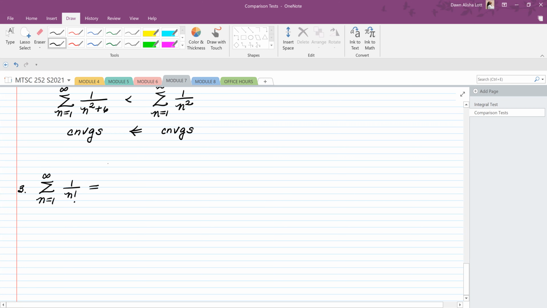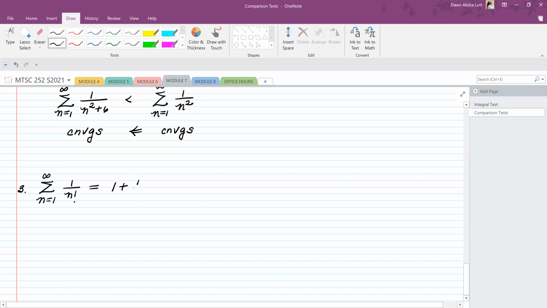As I write this out, actually, I'm going to start it at 0. So I write it out, I'm going to get 1 over 0 factorial, that's going to be 1, 1 over 1 factorial. Wait a minute, I'm going to start it off at 1. I could start it off at 0, but for purposes of this discussion, I'm going to start it there.